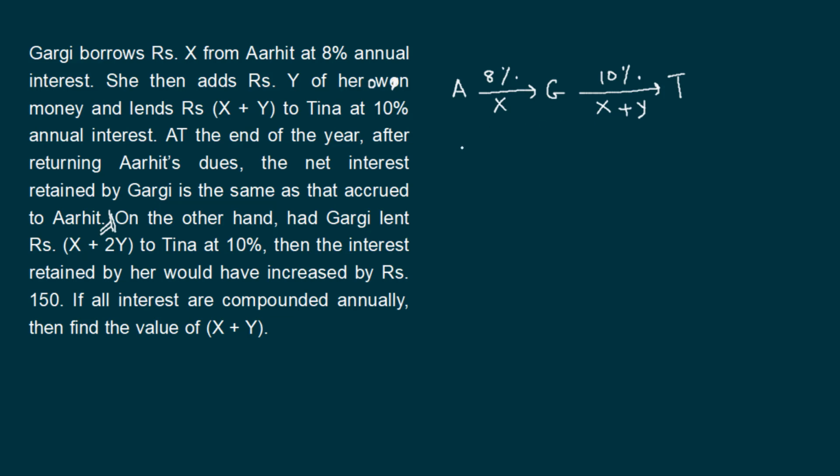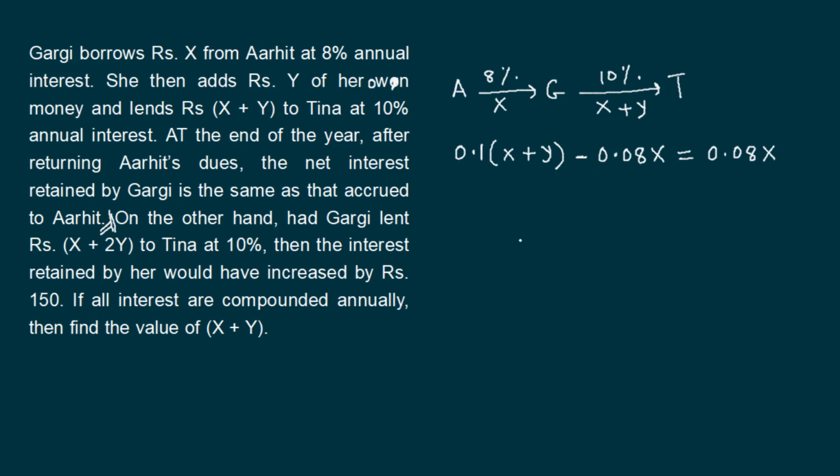How much is the earning of Gargi? 10%, that is 0.1 of x plus y. How much is she supposed to pay back to Arhit? 8%, 0.08 of x. After paying back, the net interest retained by Gargi is the same as that accrued to Arhit, so that is equal to 0.08x.